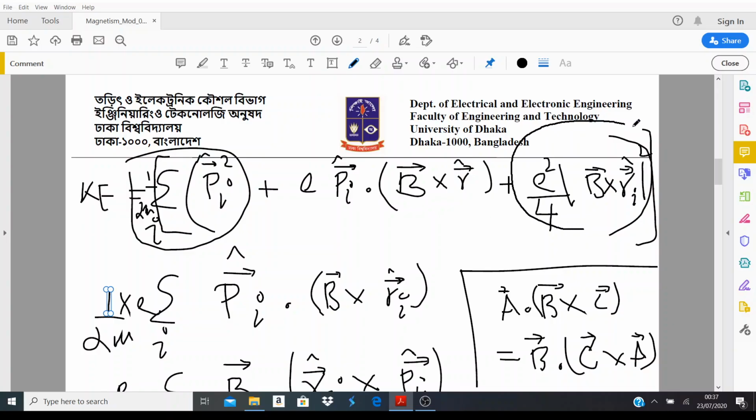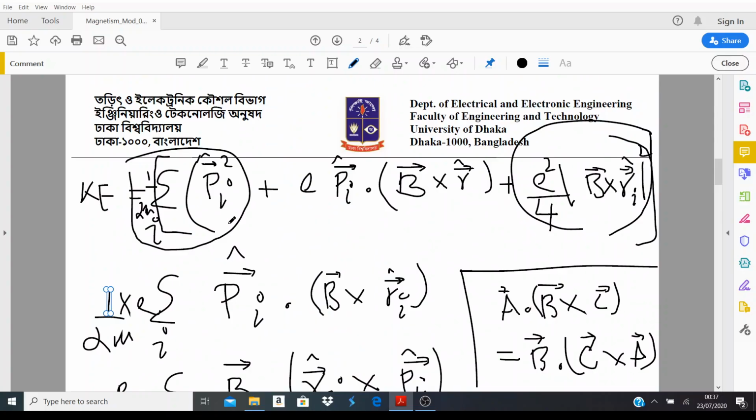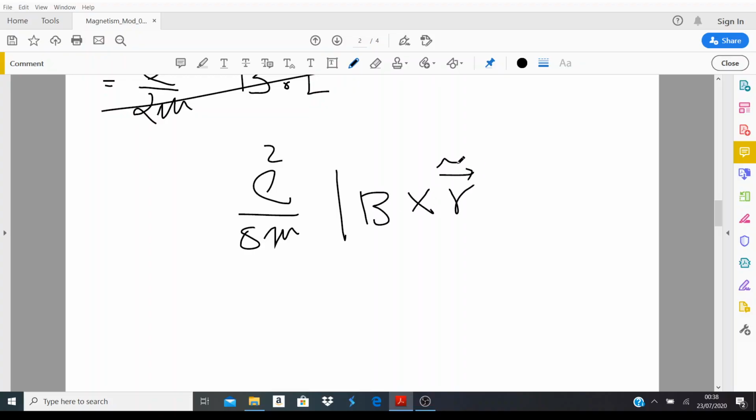The third term, right here. Let me write it out. We have e squared by 4 and 1 by twice m, so e squared by 8m, summed over i. So the last term is e squared by 8m times (B cross r) squared, where r is an operator.